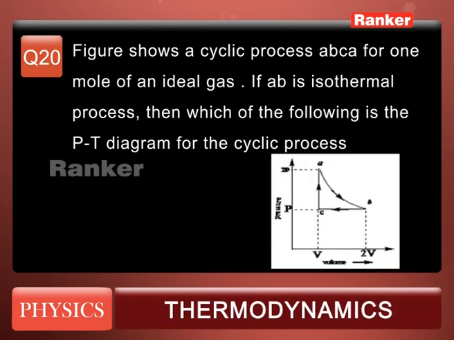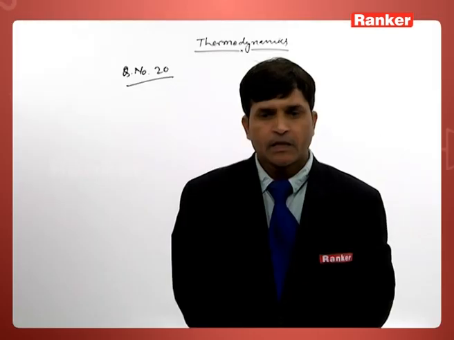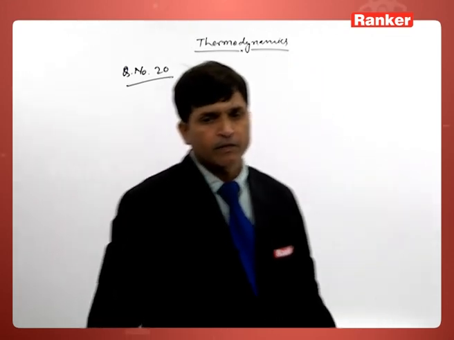Question number 20. The figure shows a cyclic process ABCA for 1 mole of an ideal gas. If AB is an isothermal process, then which of the following is the PT diagram for the cyclic process? There are 4 options given, 1, 2, 3 and 4. Now we will find which one is the correct option. The graph is given here. So first see our question here.